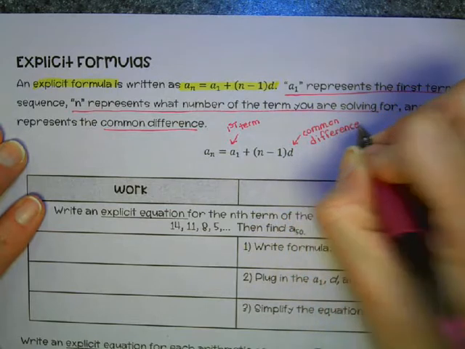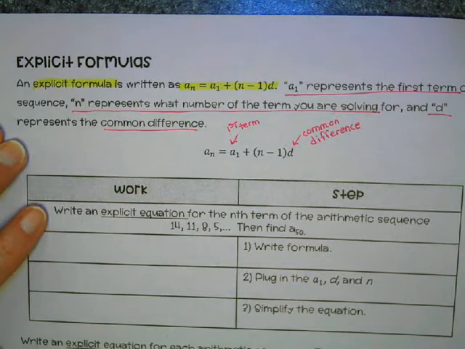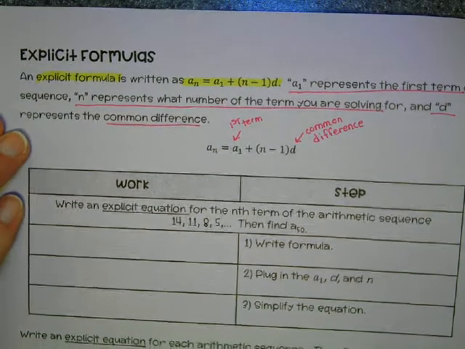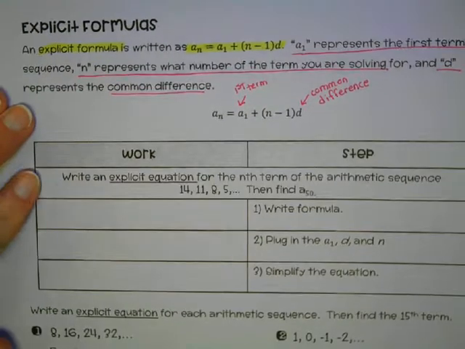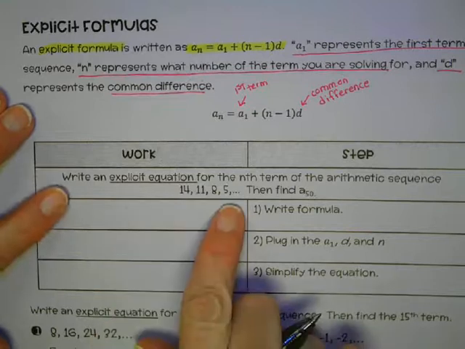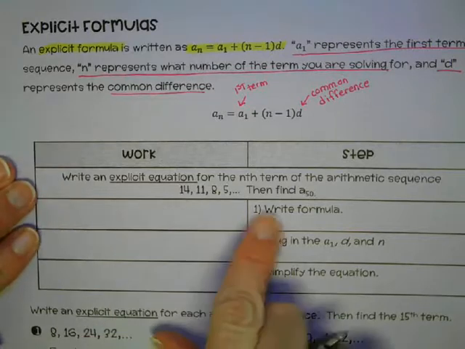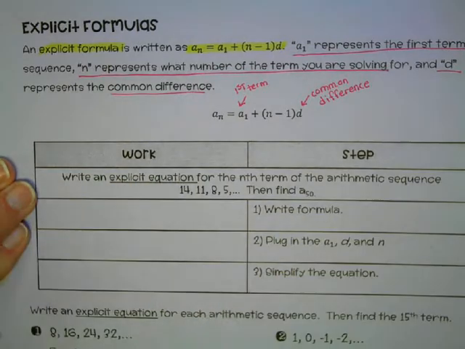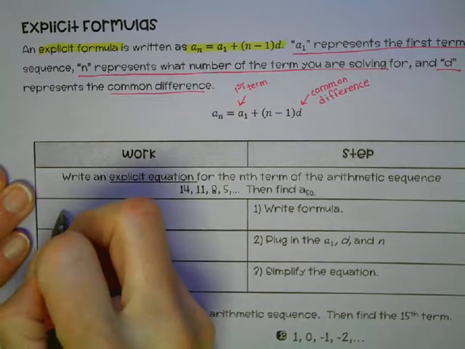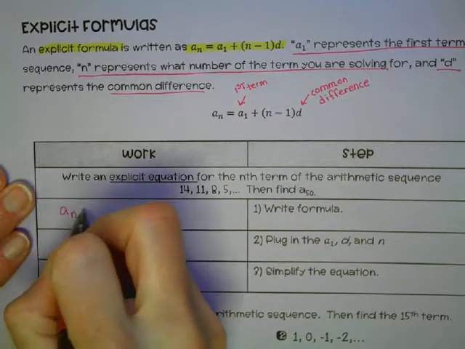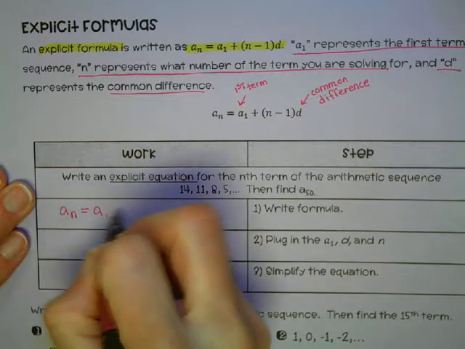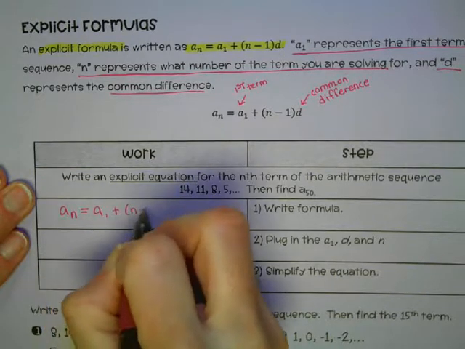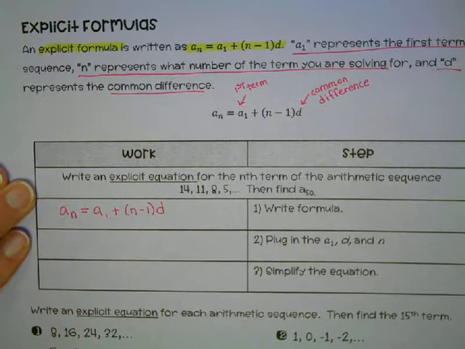This one says write the explicit equation for the nth term of the arithmetic sequence, and it gives us a list of numbers. So the formula is A sub n, that's what the little subscript means, equals A1 plus n minus 1 times D. Now it says plug in A1, D, and n. Well, let's look at our numbers here.